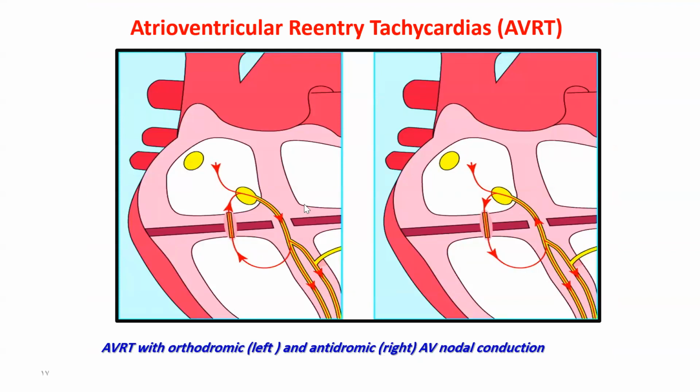While this is AV nodal reentrant tachycardia, what about the WPW? It is either divided into orthodromic or antidromic.